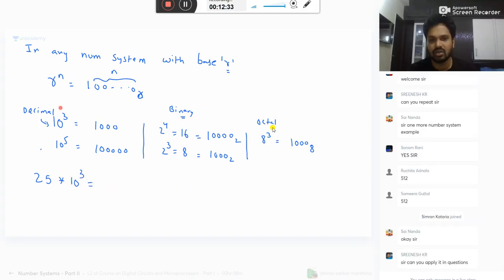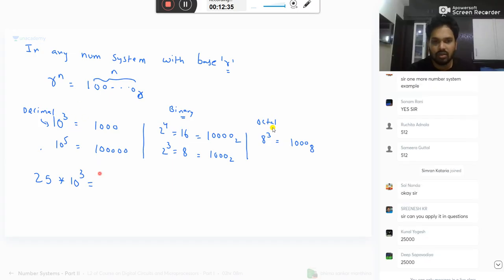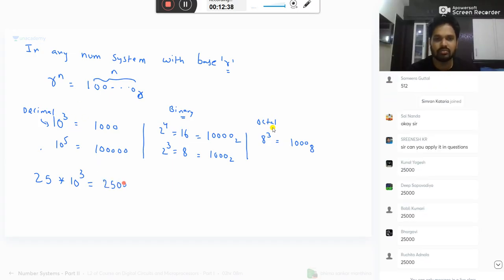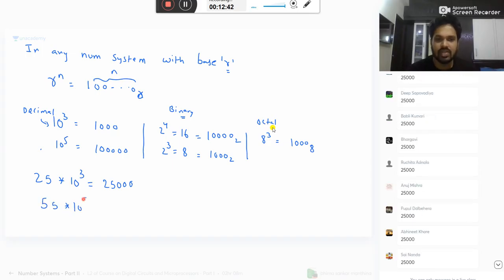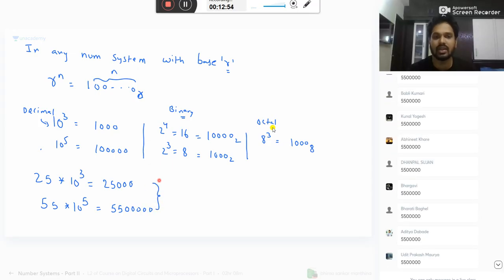I will apply this in the question now. 25,000. What is 55 into 10 power 5? 55 followed by 5 zeros. So from this you can derive one relation. If you have a number and multiply that number with 10 power n, then what is the answer?